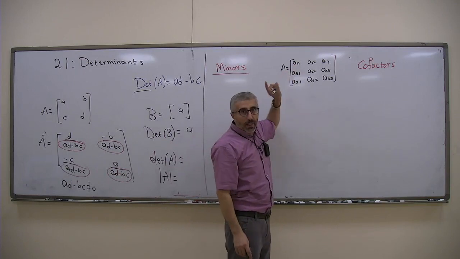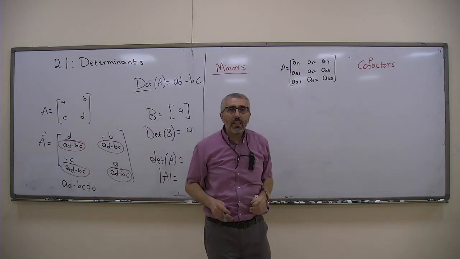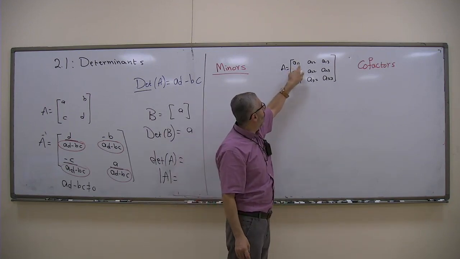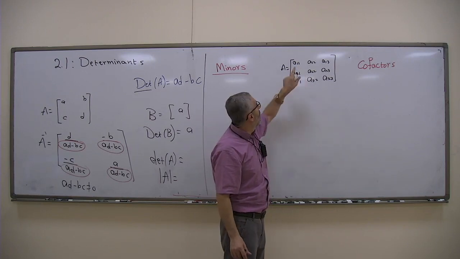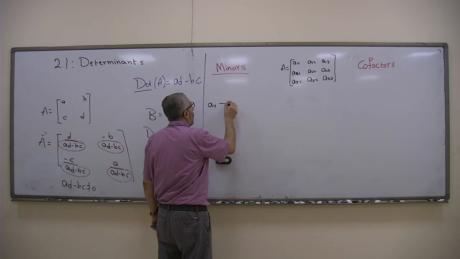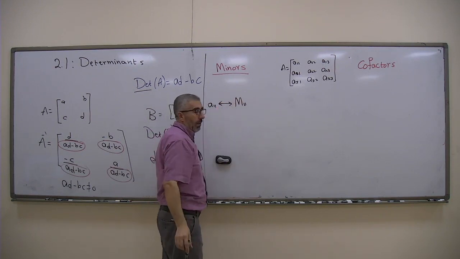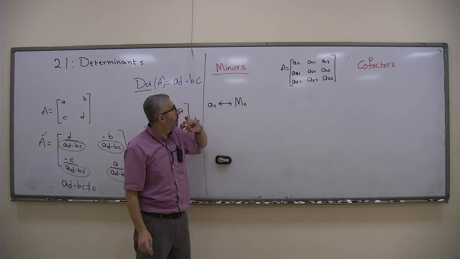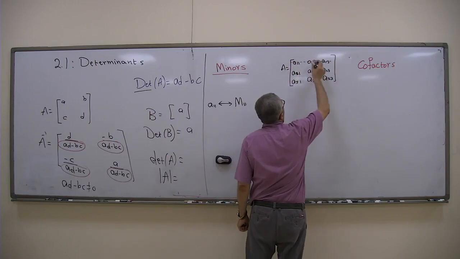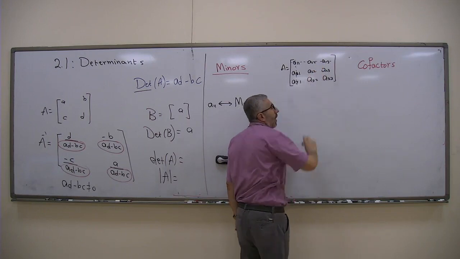We associate each entry in A with a quantity called the minor that is associated with that specific entry. Okay? For example, if we are talking about A11, we associate this with minor M11. And what is that minor M11? You cover this row and this column, and you take the determinant of what is left.